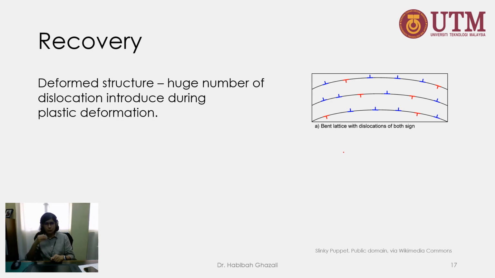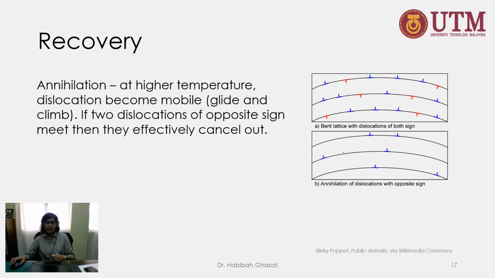So the deformed structure will have a huge number of dislocations. Because we heat it up, the dislocations will start to be mobile. So there will be a cancellation of dislocations at a higher temperature. Those that have opposite configuration, where we have an edge dislocation with a half plane here and a half plane here, when they are able to move, will meet each other and cancel out.